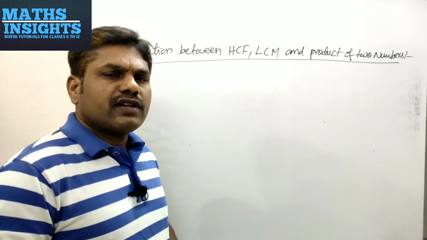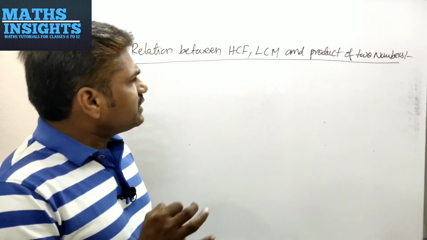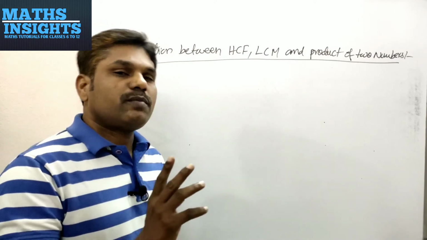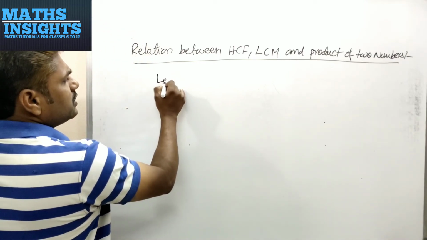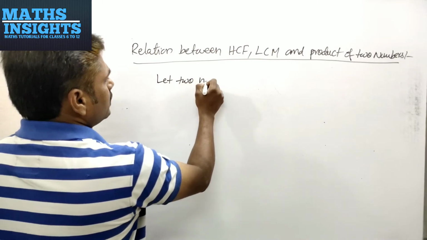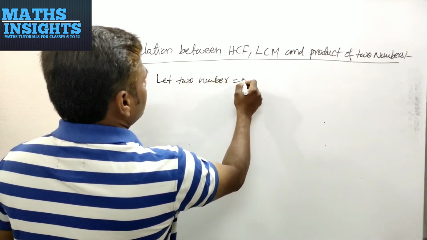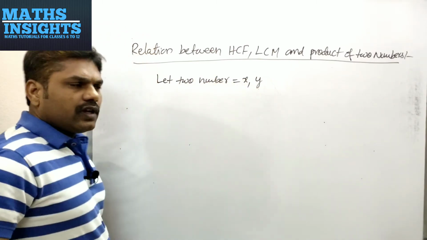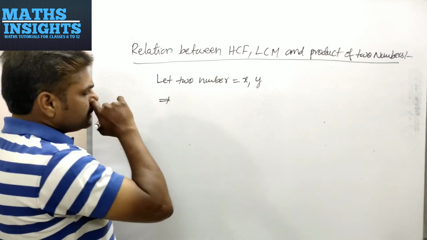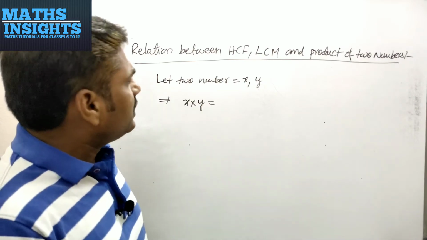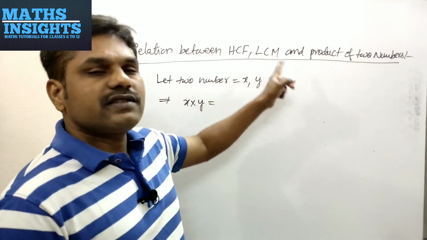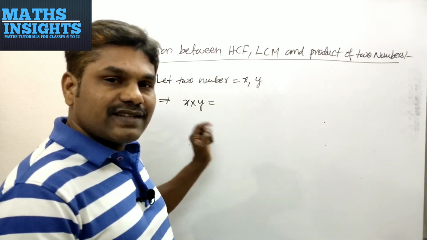There is a relation between HCF, LCM and the product of 2 numbers only. Let me take two numbers, x comma y. If you multiply these x and y, you will get the same answer as when you multiply the HCF and LCM of this x and y.